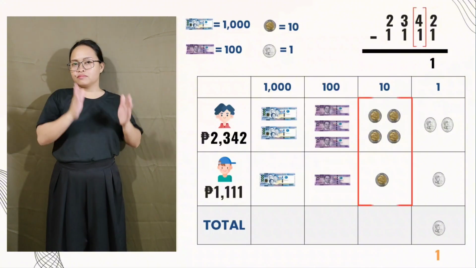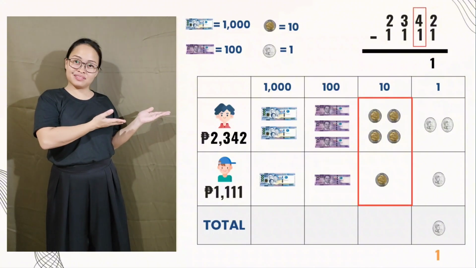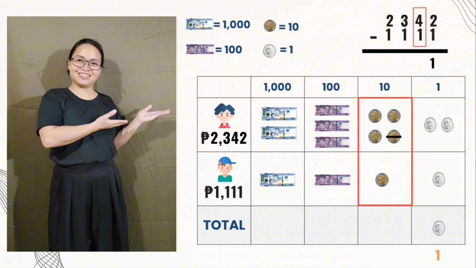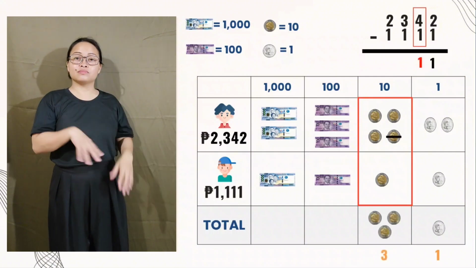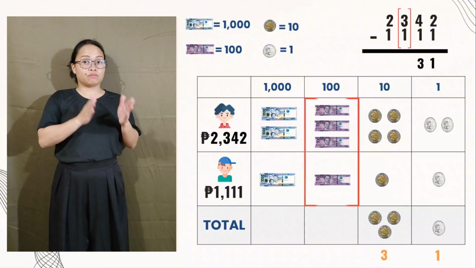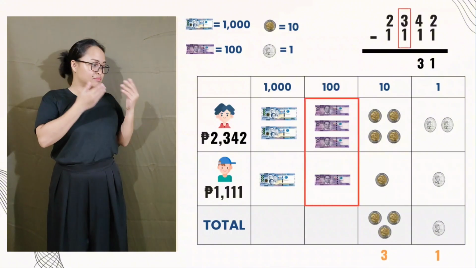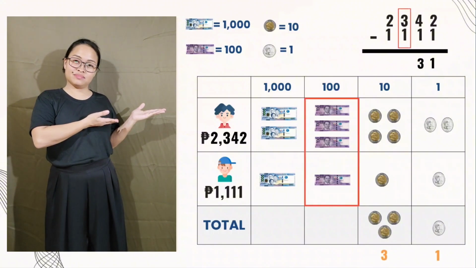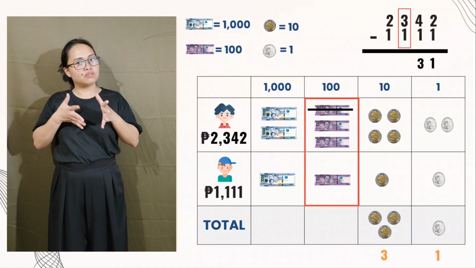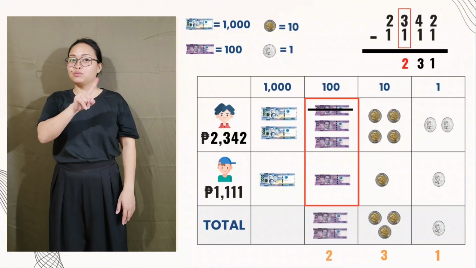Next, 4 10 peso coins minus 1 10 peso coin. So we are left with 3 10 peso coins. Alright, next, 3 100 bills minus 1 100 bill. Now we are left with two 100 bills.